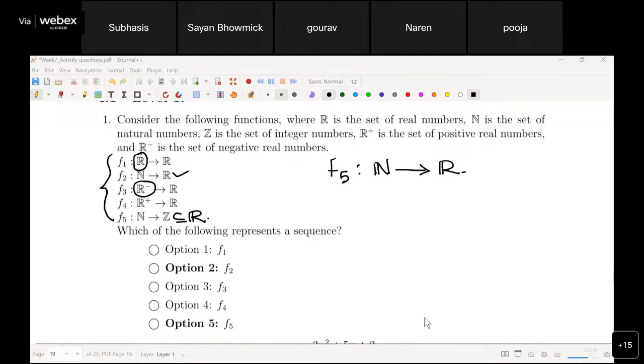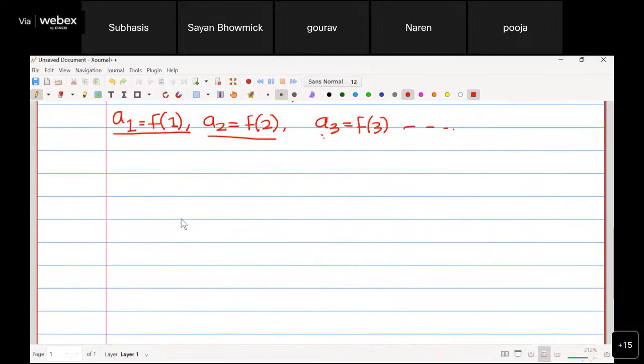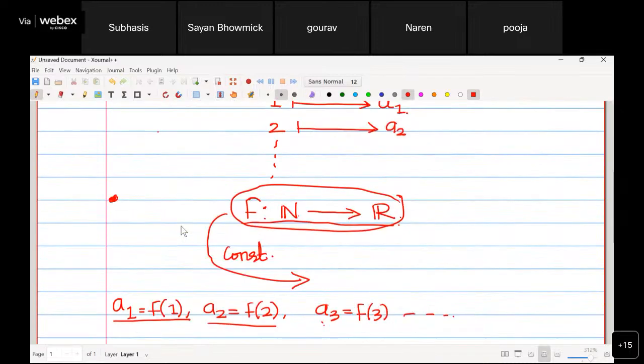Okay, so this part is clear. Let me come back to the limit of a sequence.